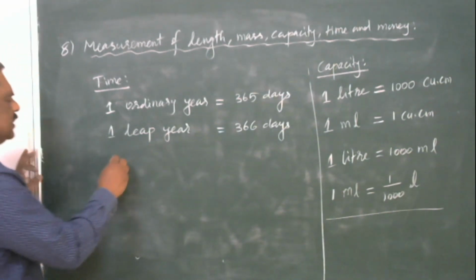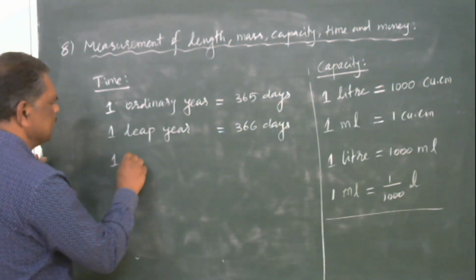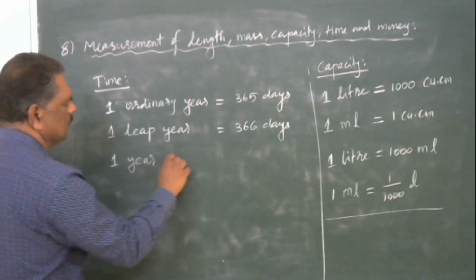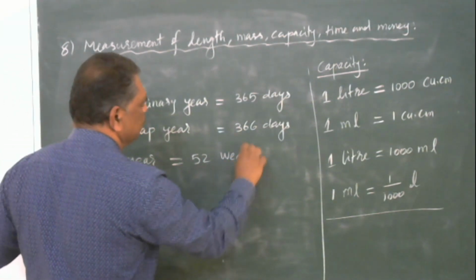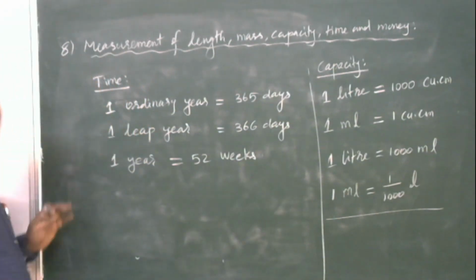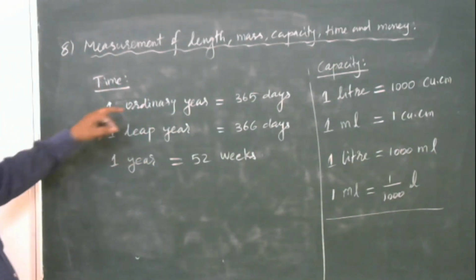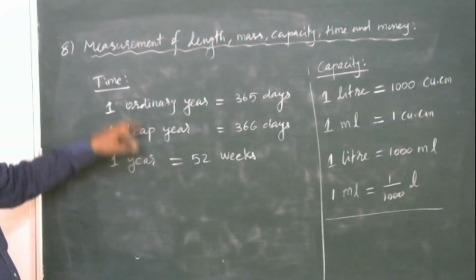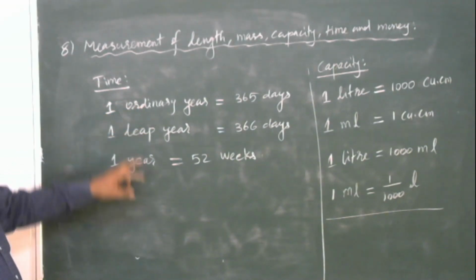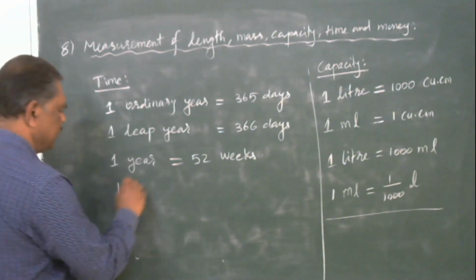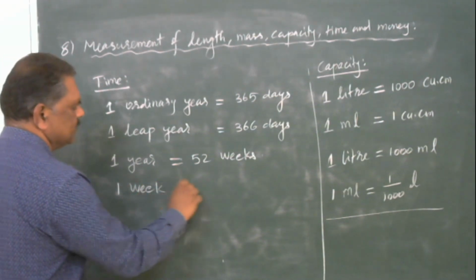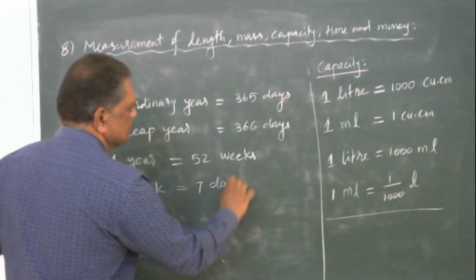You know that. And 1 year, how many weeks will be there? 52 weeks. Whether it is a normal year or a leap year, we will be having 52 weeks. And 1 week, how many days? 7 days.